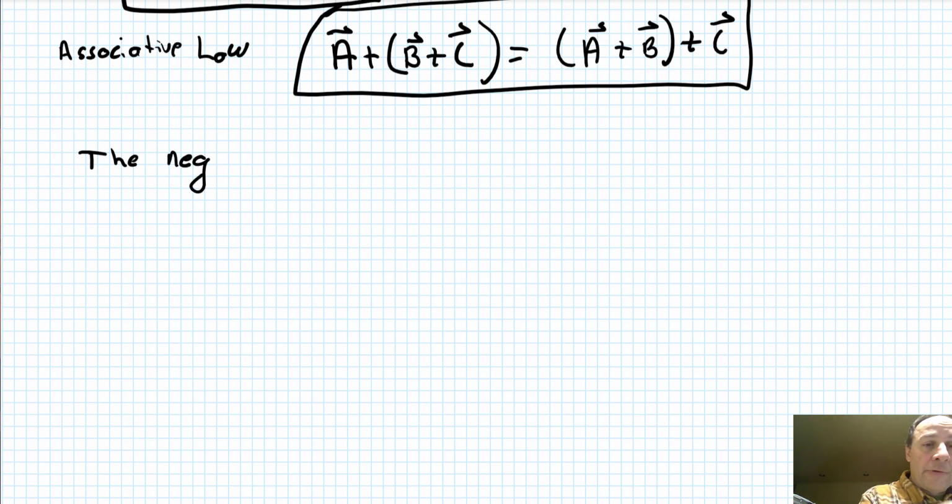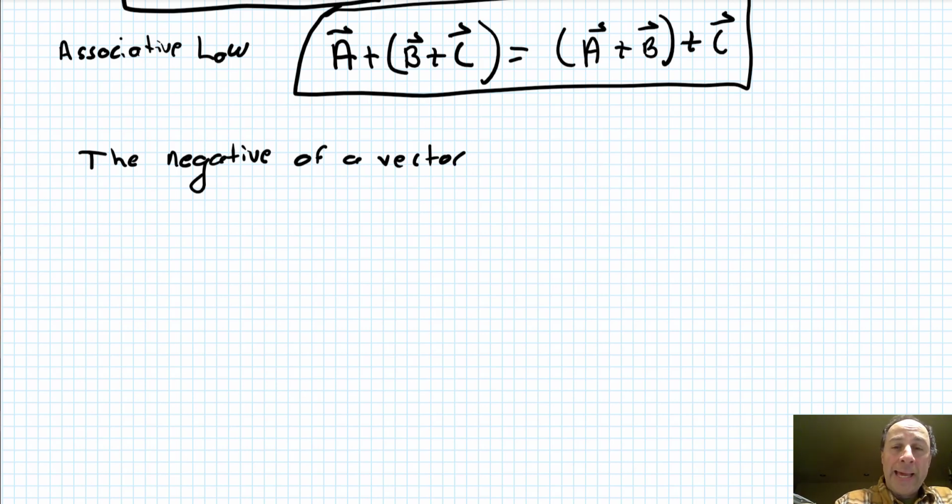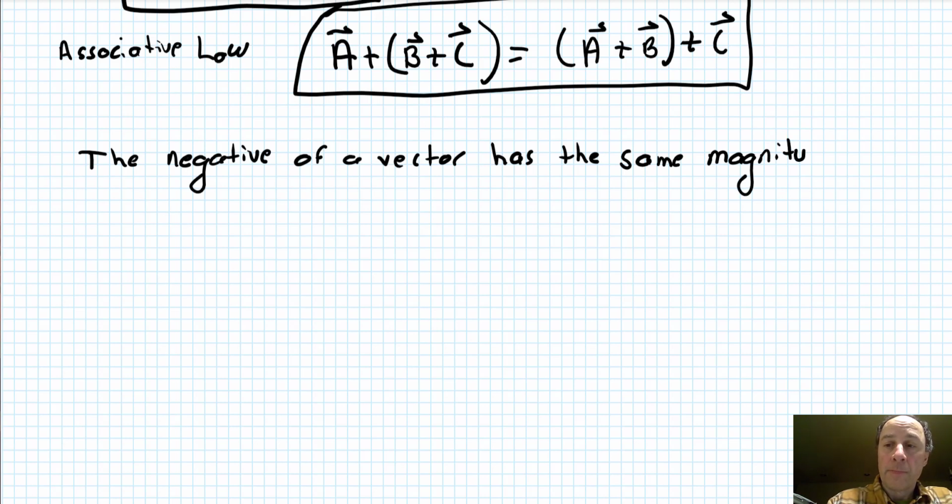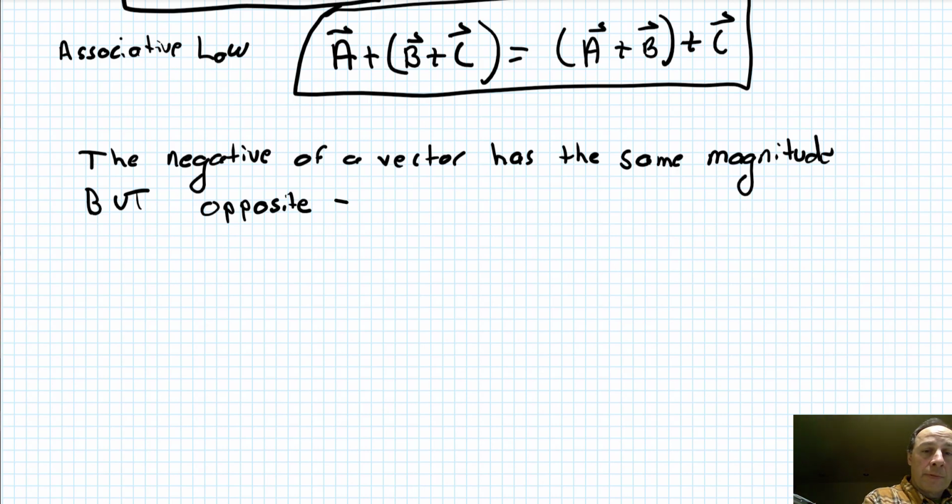The negative of a vector has the same magnitude, opposite direction. Okay?